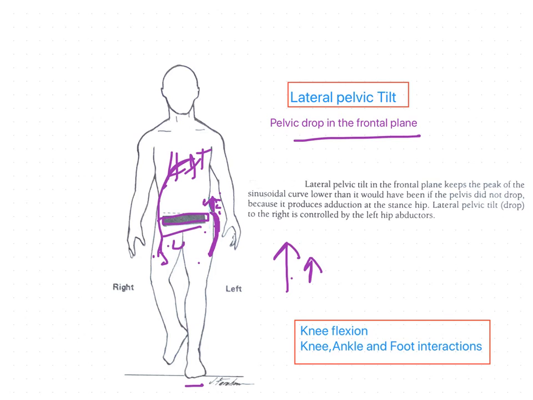This increase is not so much, which helps to balance the entire HAT and the swinging limb. For example, pelvic drop on the right side, the swing extremity, is controlled by the isometric and eccentric contractions of the left hip abductor muscles.